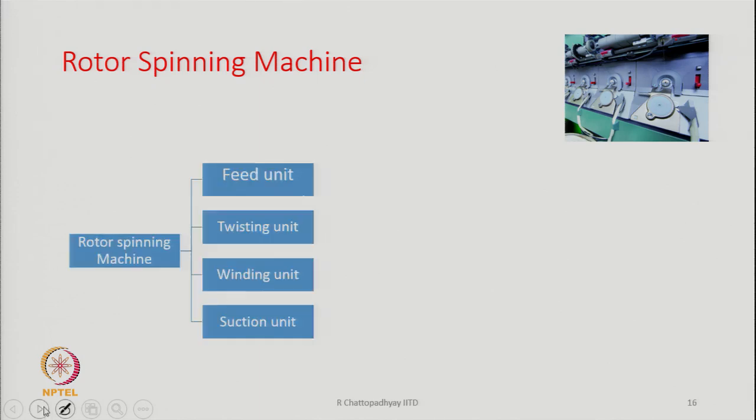So, the rotor spinning machine, if we see, we have a feed unit, where sliver is fed, then from the sliver fibers are separated, and then the separated fibers are transported.